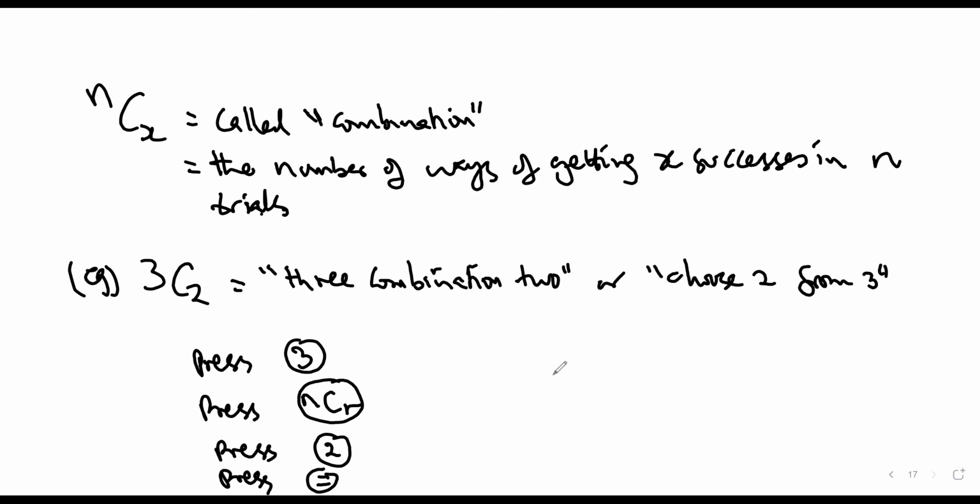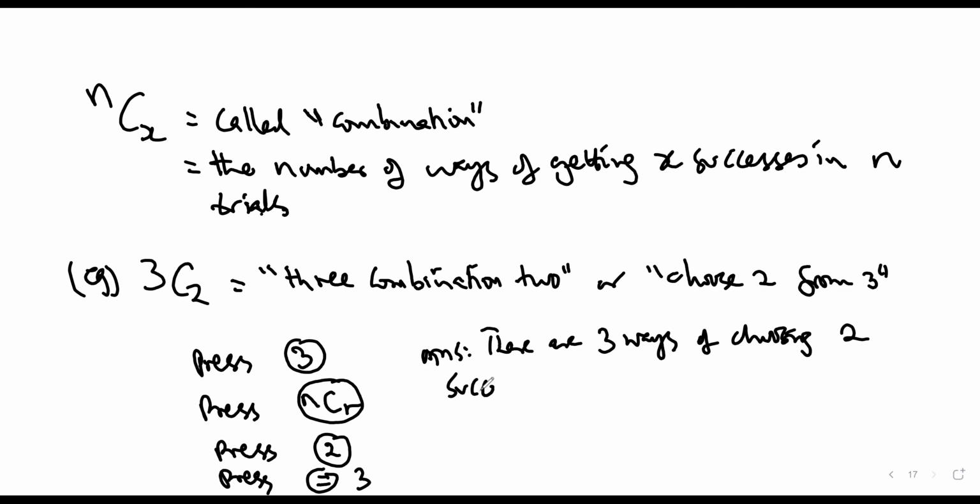Three. Yeah, you get 3. Yeah, so in that case, you say there are 3 ways of choosing 2 successes from 3 trials.